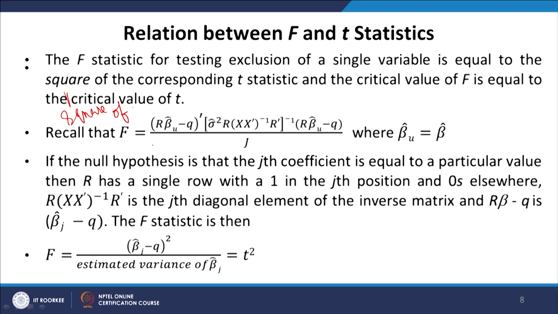You recall that this was our expression for the F statistic, where beta u hat equals beta hat. So, the unrestricted regression is simply most often the original model. So, beta u hat is equivalent to beta hat.